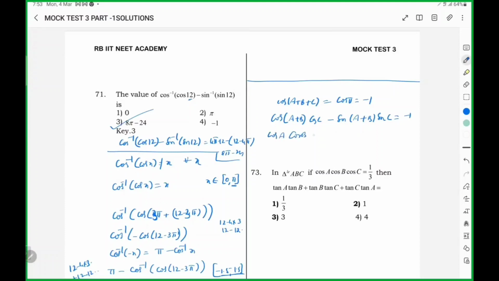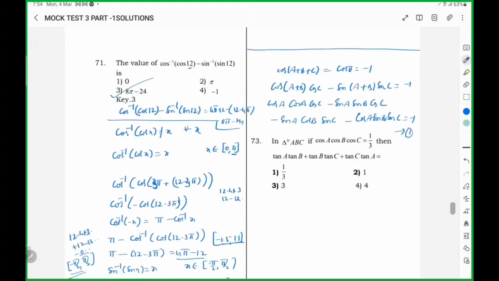So cos a cos b cos c minus sin a sin b cos c minus sin a cos b sin c minus cos a sin b sin c is equal to minus 1.